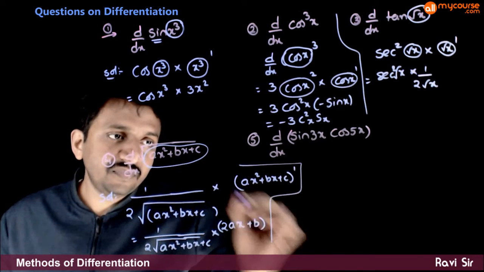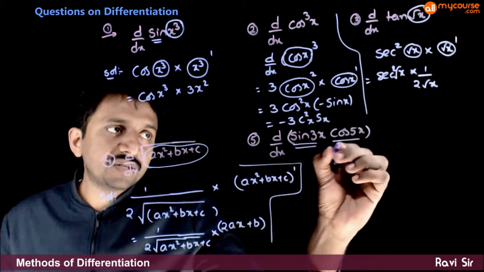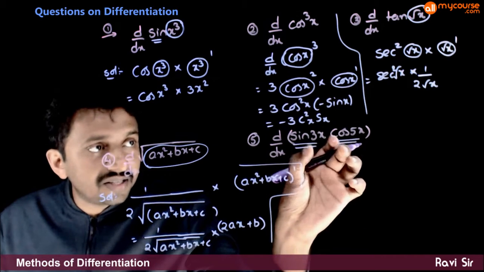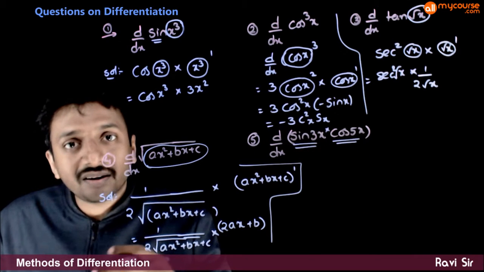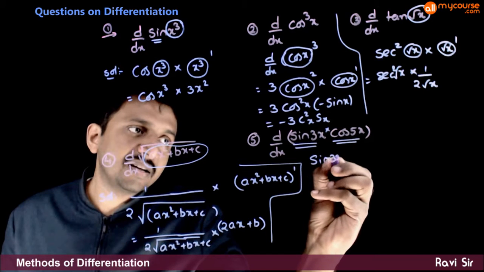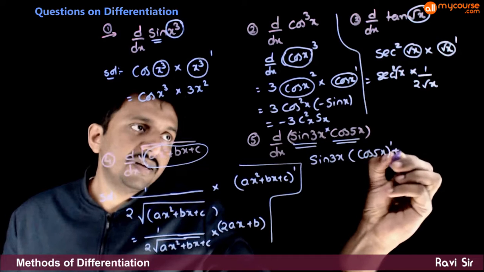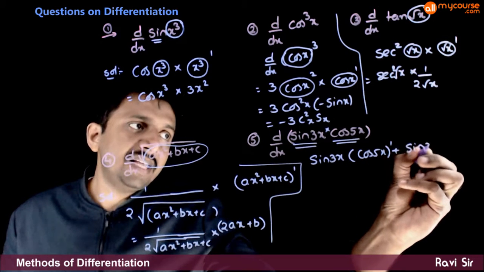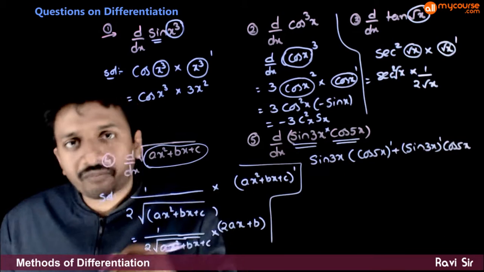Next, you have d by dx of sine 3x times cos 5x. So this is a product of two functions. So you can use your product rule. So sine 3x times cos 5x's differentiation plus sine 3x's differentiation times cos 5x.